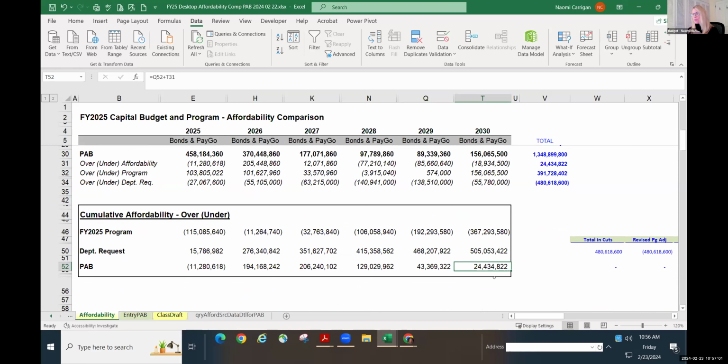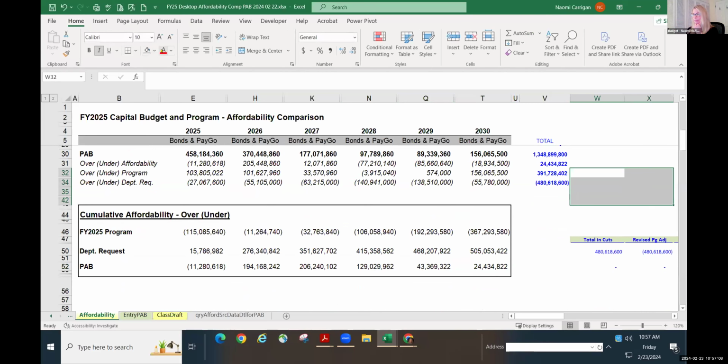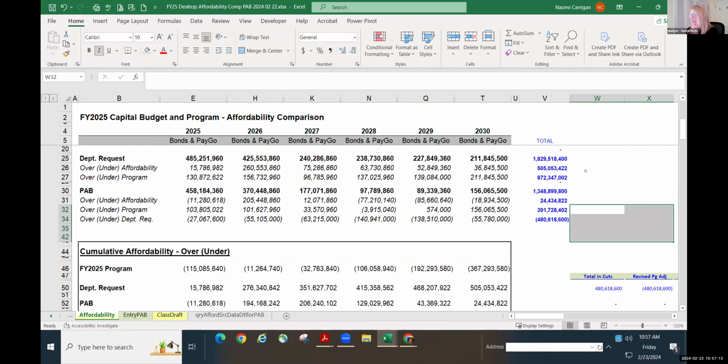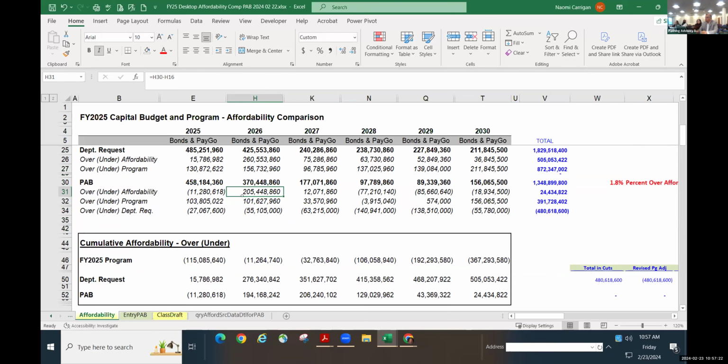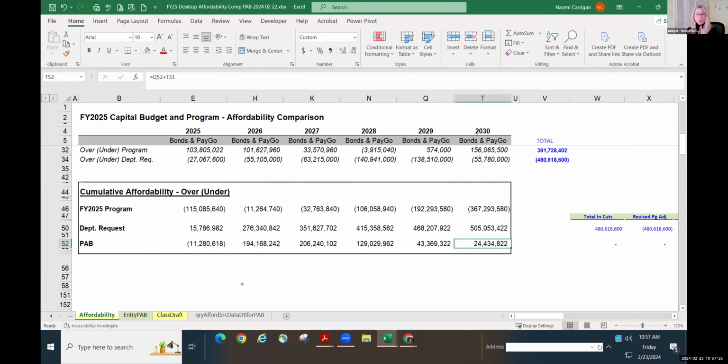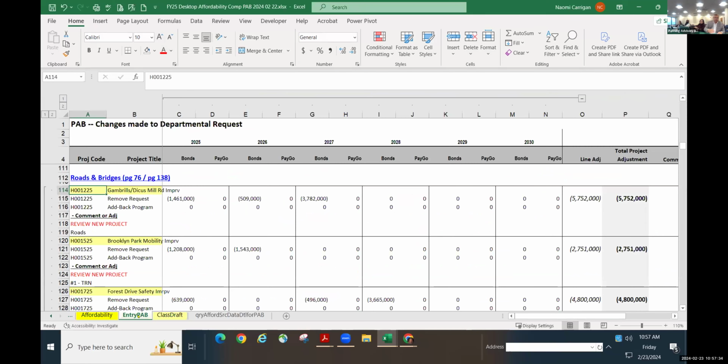Right now we would be about 29 million over. Sorry, I thought I might have something here. Yeah, so that's only 1.8% over affordability. So that's where we are presently, but there are still some other classes and some other things we need to revisit. Okay, thank you.